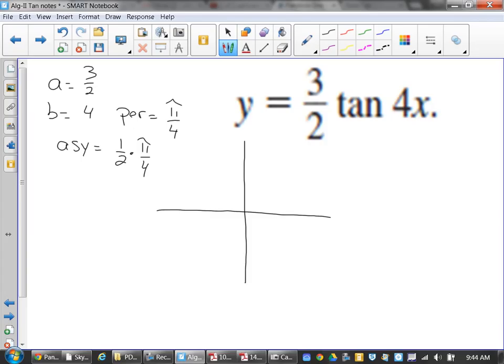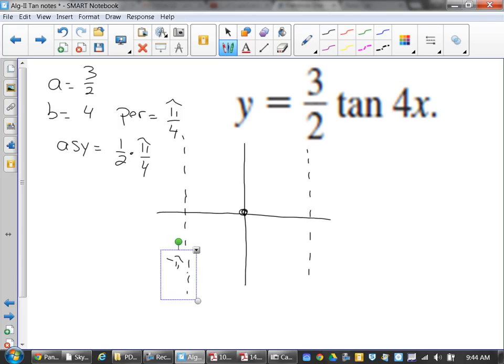So my asymptotes are going to be placed at pi over 8 positive and pi over 8 negative, because this is our parent function. It's going to go through the origin, so I put a negative pi over 8 and positive pi over 8.